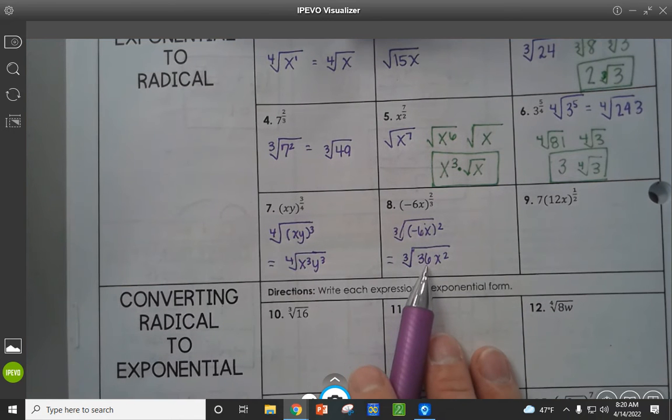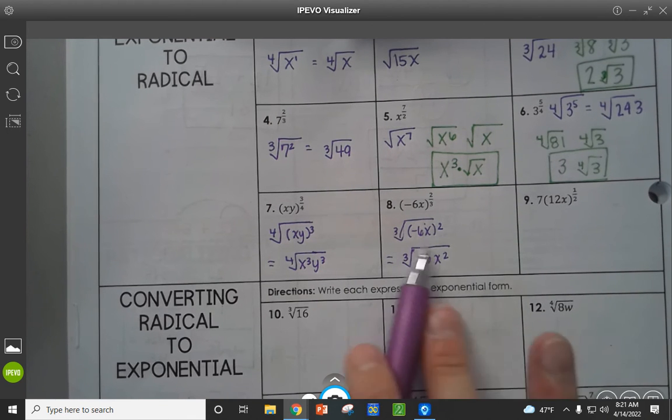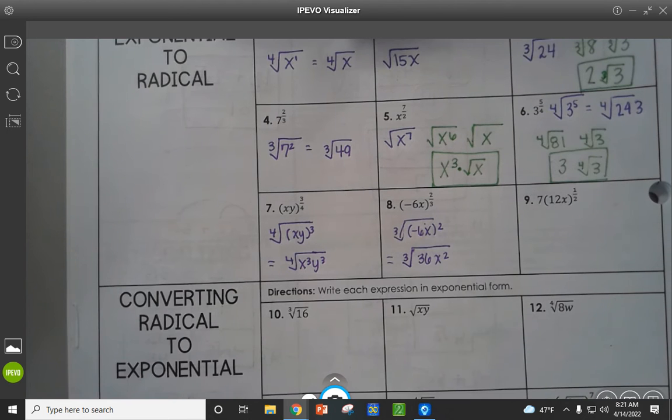Are there any perfect cubes that go into 36? 1, 8, 27. 8 does not go into 36, so no. This is completely simplified. And the x squared, you can't remove any x's to have an exponent that's a multiple of 3, because your original exponent is less than 3. So you can't do that.